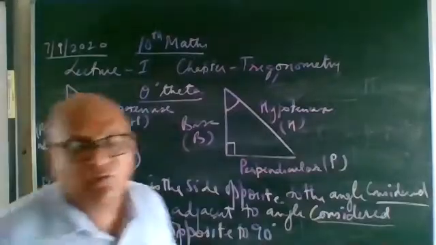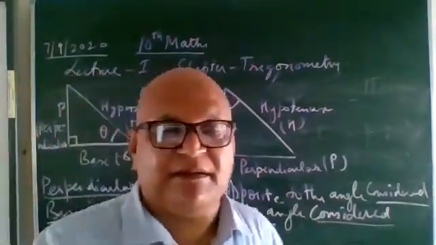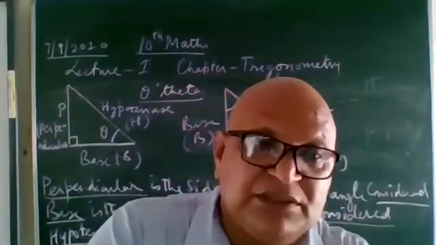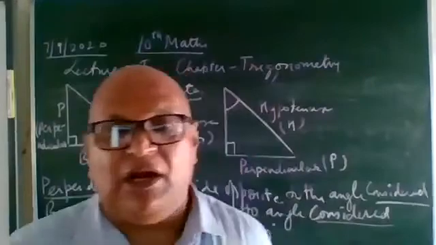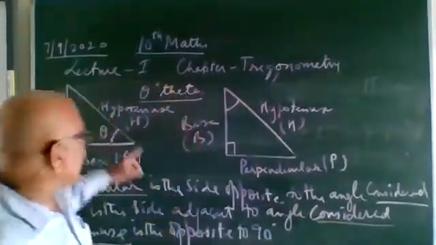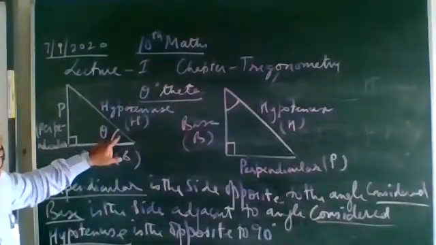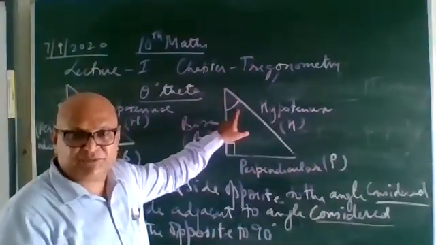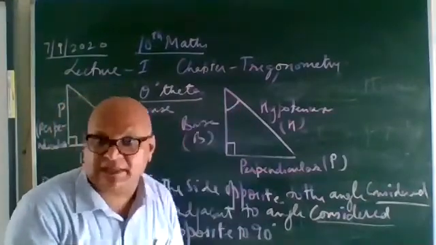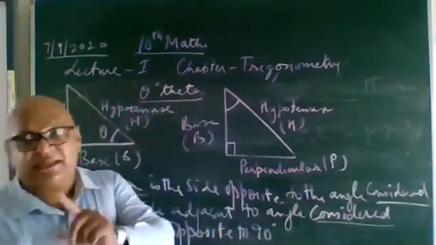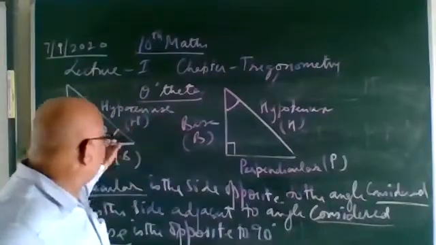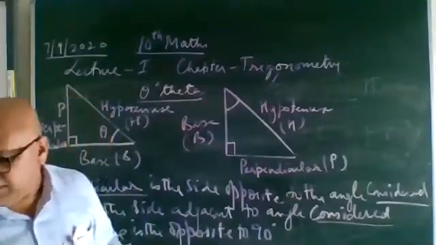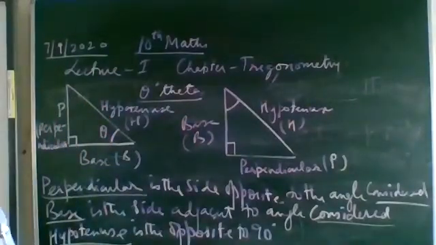This is what you have to study. After that, we have 6 trigonometric ratios. Here I have considered one angle in this figure and the other angle in the same figure. It is not necessary to form two triangles.